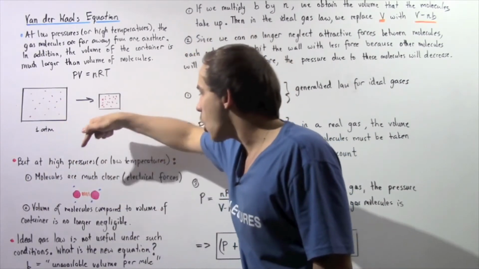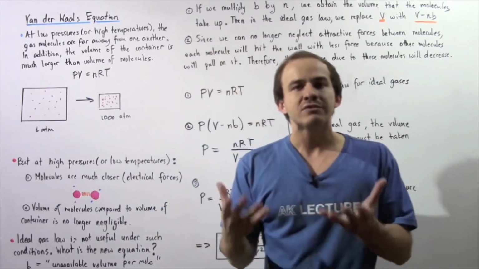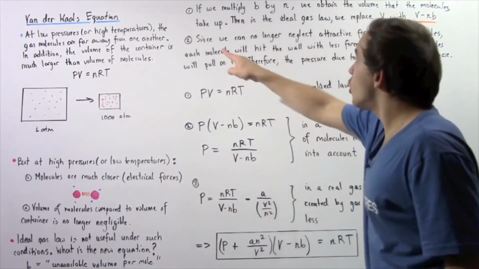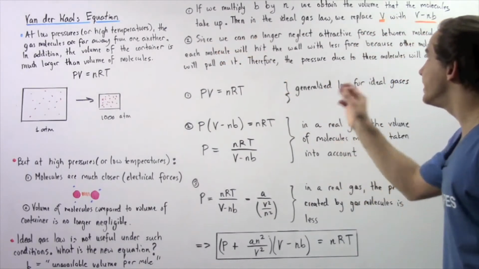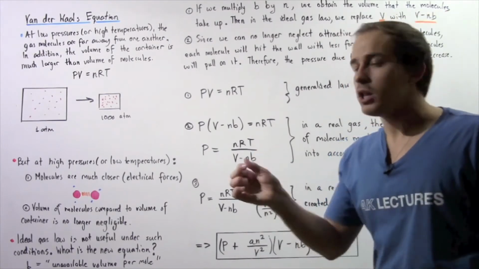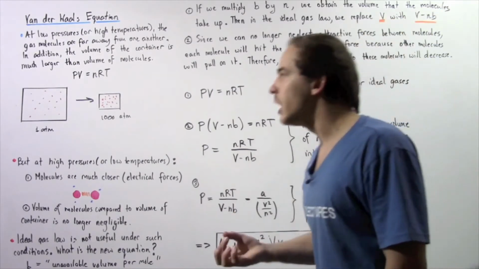The molecules are much closer to one another, and that means electrical forces are no longer negligible. Since we can no longer neglect attractive forces between molecules, each molecule will hit the wall of the container with less force because other molecules will pull on it.